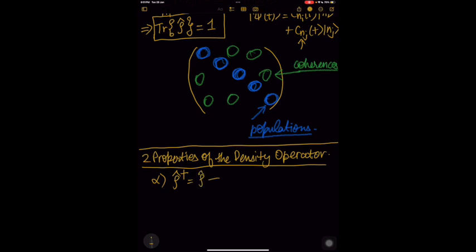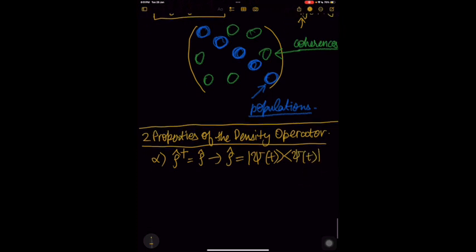This should be quite obvious using the definition of the density operator, which is just the outer product of the state vector with its Hermitian conjugate. So you take the Hermitian conjugate of this, this will come here, and this will go here, and then you have to take the Hermitian conjugate.